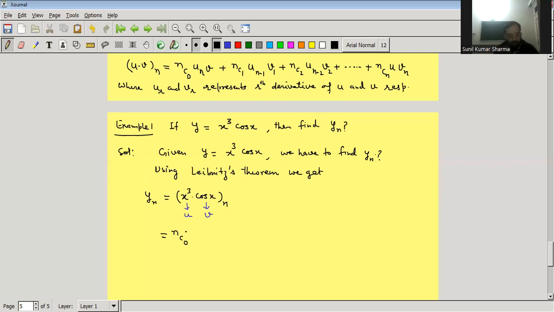Even you can take x to the power 3 as u and cos x to be v, but let us consider this function to be u and this function to be v.